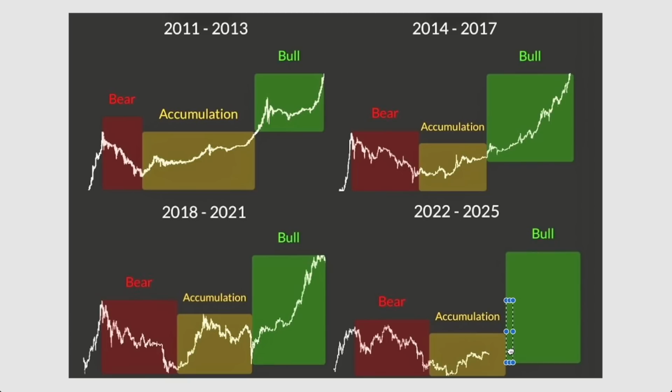Typically this bull phase can last quite a long time. It can be up to a year, and even worst case scenario, if this phase plays out over less than a year, so 300 days or so, that still means that we have 300 days pretty much left in this cycle.